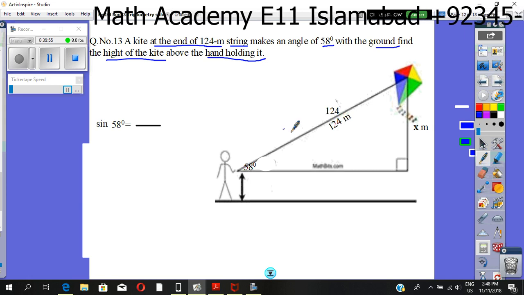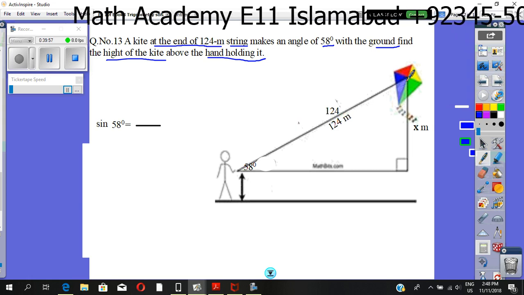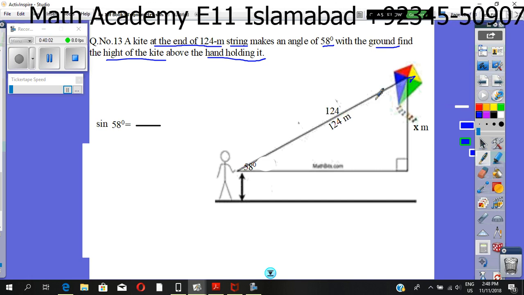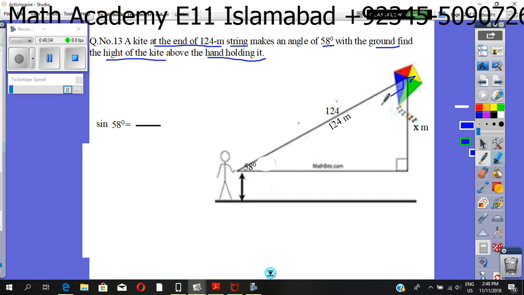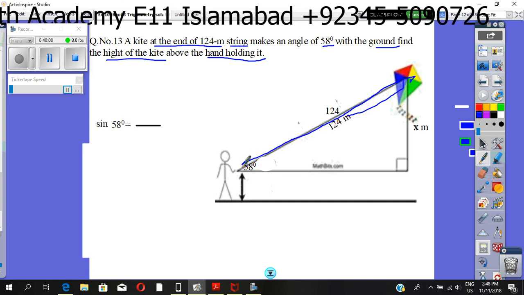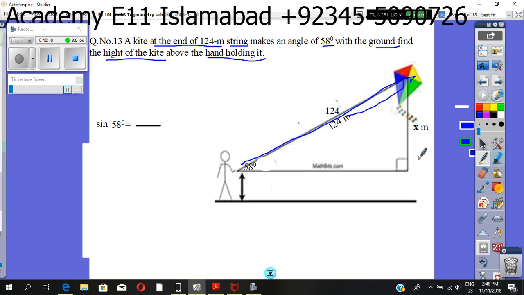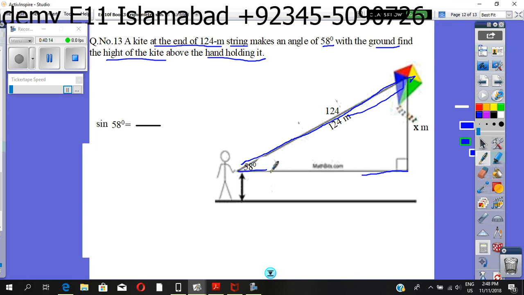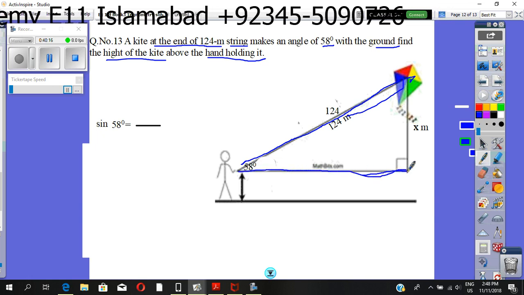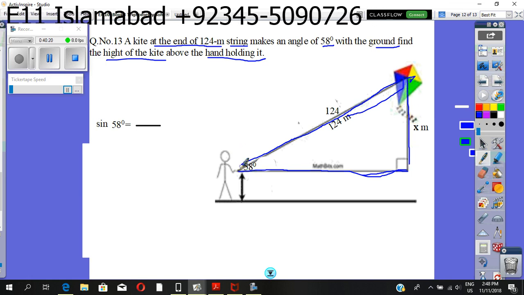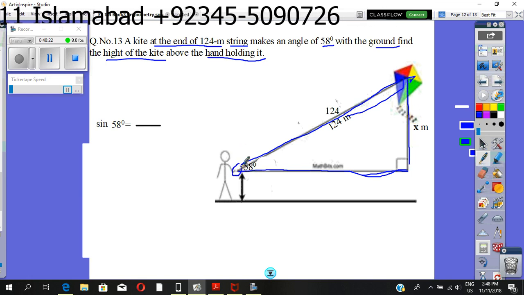Now, if we see the diagram, this one is the kite, and this is the string, and this is the point we observe. We are supposed to find this height, and his hands are here. He is holding with hands here.